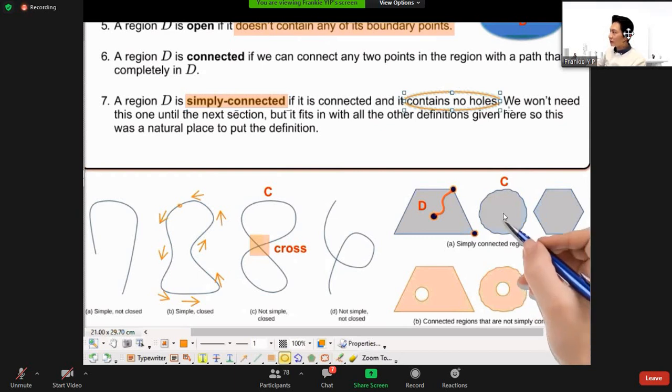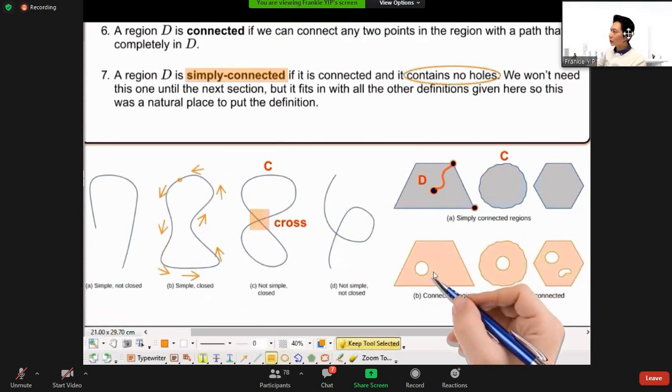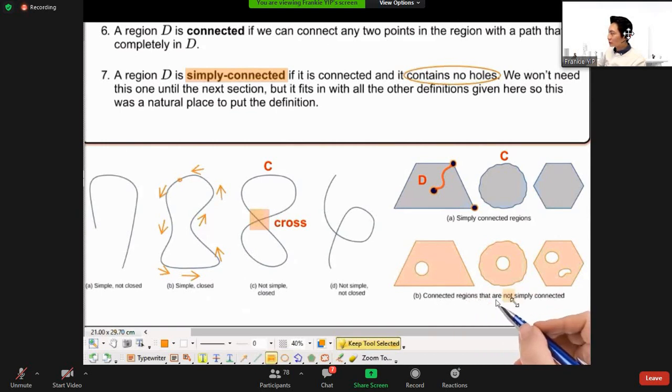If you don't have any hole like below, we call it simply connected. Let's take a look at the part below. That is a connected region that is not simply connected because we have the hole. Got it?